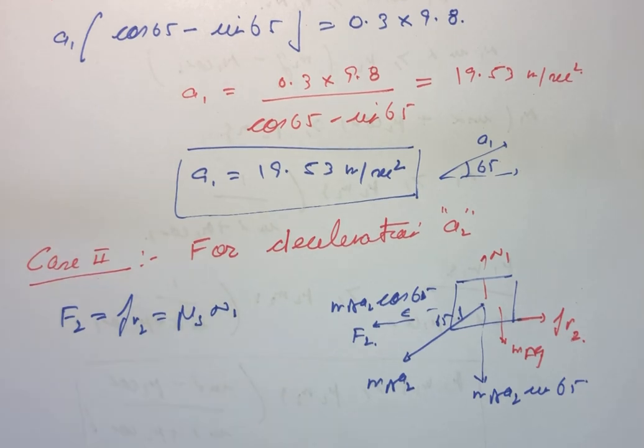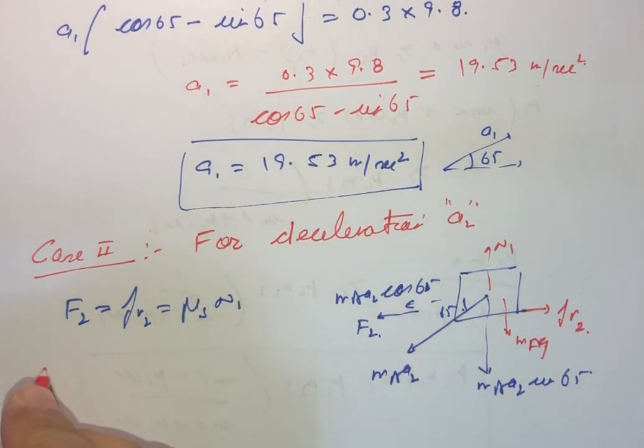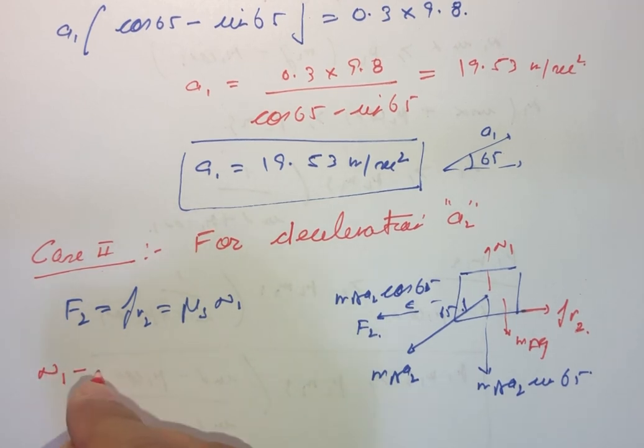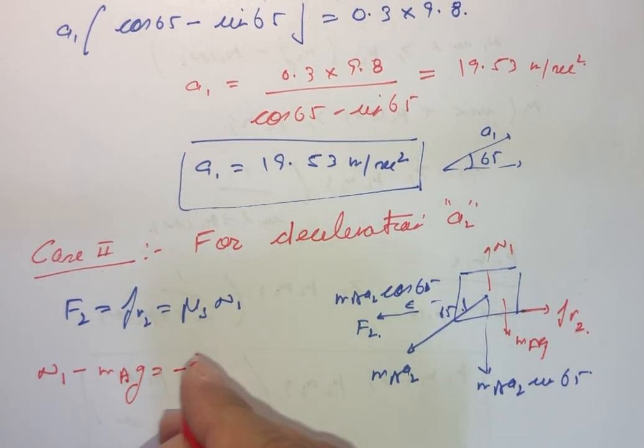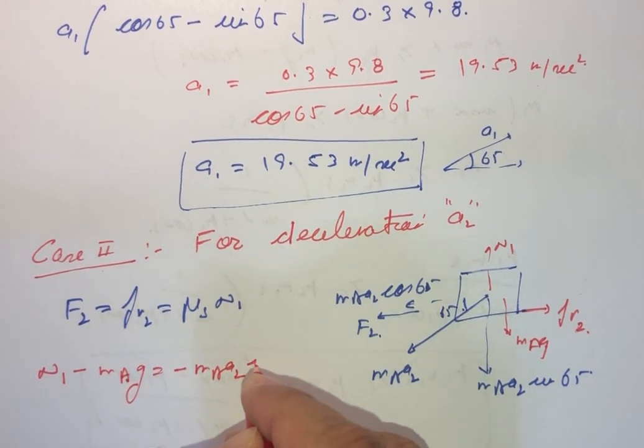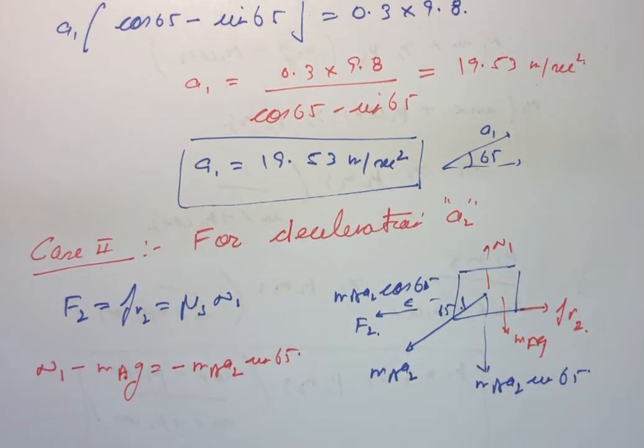We can also write the equation that N1 minus M_A g is equal to minus, because of the deceleration, M_A A2 sine of 65.